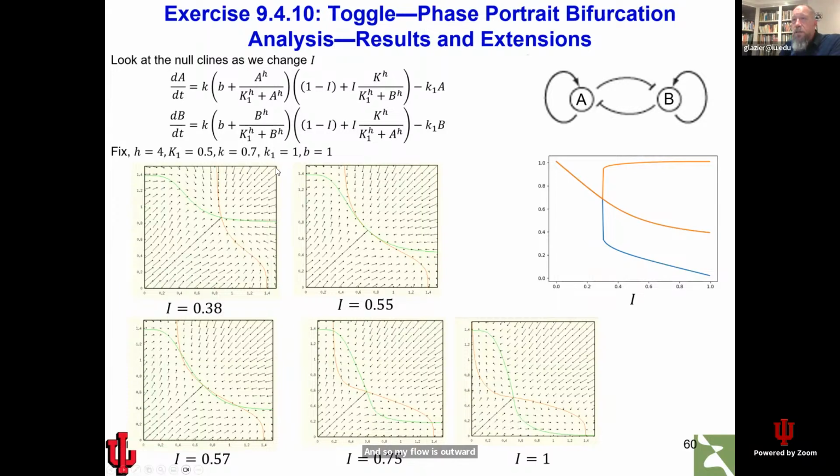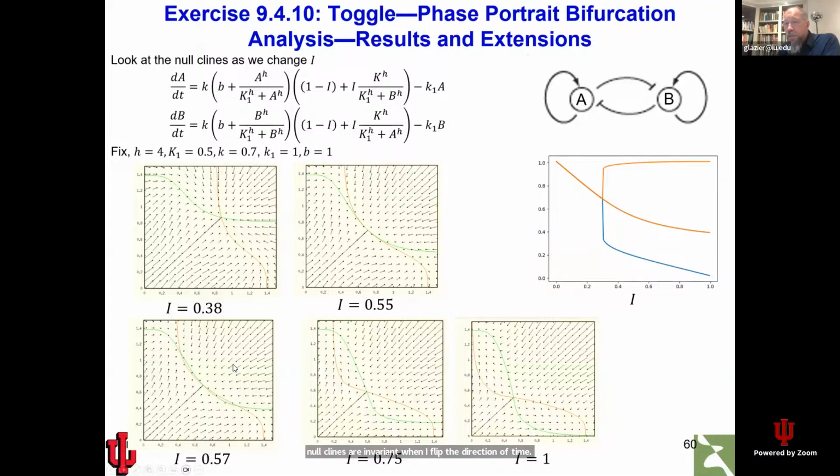If I go to large values, I'm going to flow out. If I go to small values, I'm also going to flow out. So there's nothing that's going to confine me to not crossing 0, so I'm going to be allowed to have negative values. And I'll have no stable fixed point in this case, because the null lines are invariant when I flip the direction of time.